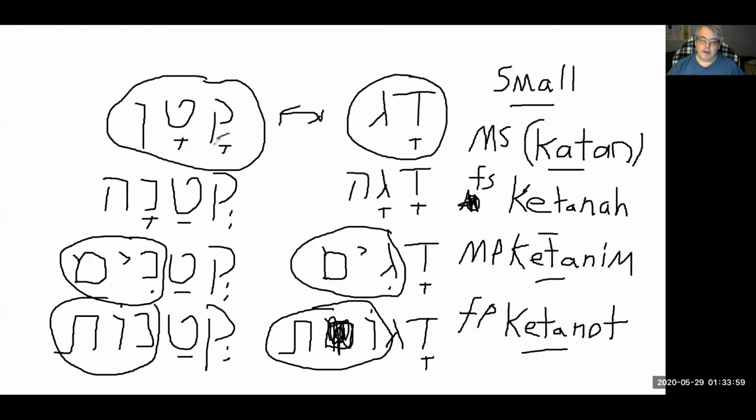And you also see that pattern again where the kamats on the beginning of the word in the masculine singular changes when the word extends and it's conjugated to a shva, right? And that's one of the rules of vowels that Nehemiah Gordon alluded to in one of his teaching videos that I posted, where you get the kamats changing to the shva on the beginning of a word when the word becomes longer, right? So when you went from a short word, you get katan, but then it changes to ketana, right? And ketanim and ketanot.